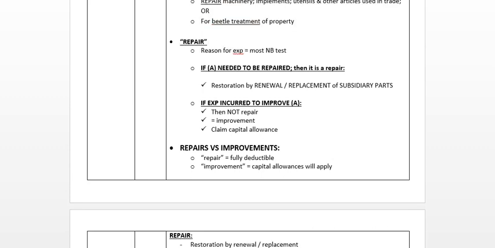For an improvement, a capital allowance will apply. So we'll go through that a bit later. But again, if it is repaired to renew or replace something, then that's a repair. Or if it's only to improve, then it's of a capital nature, so you may claim a capital allowance.